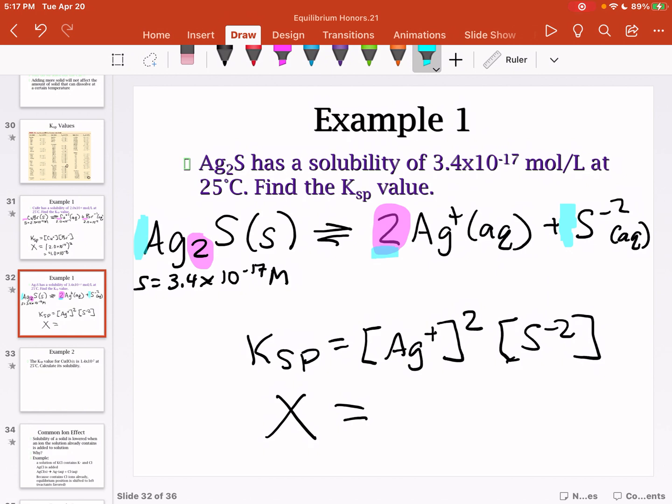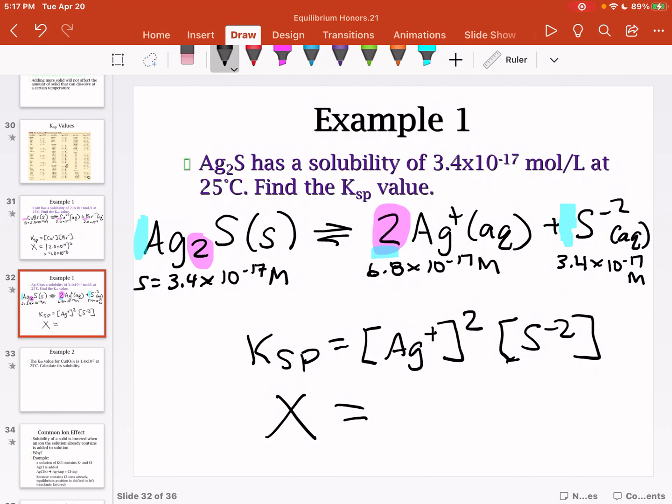So I can tell you that if Ag2S is 3.4, then that means my sulfide here is also 3.4 times 10 to the negative 17th. But my silver is double. Because of that coefficient of 2, it is 6.8 times 10 to the negative 17th molar.